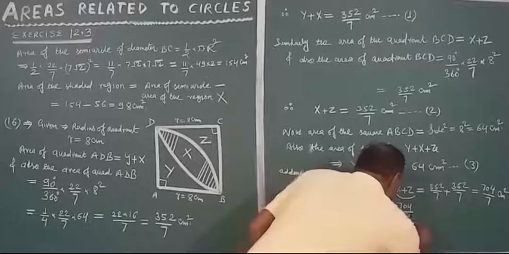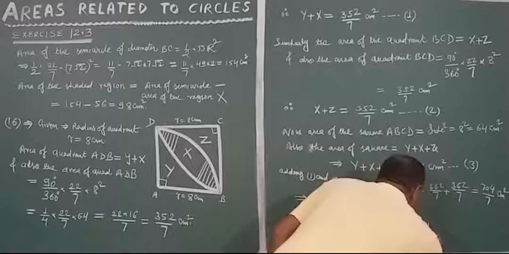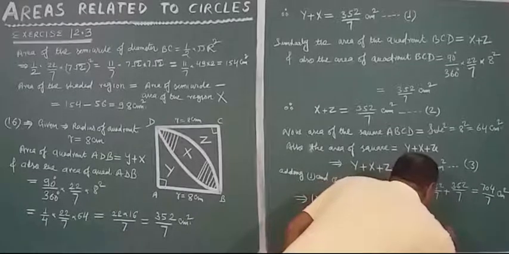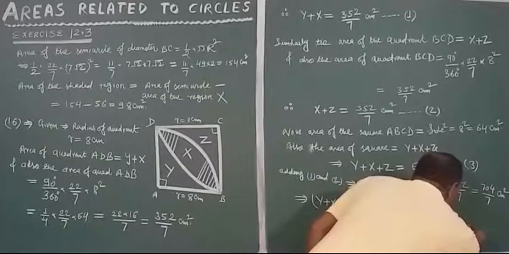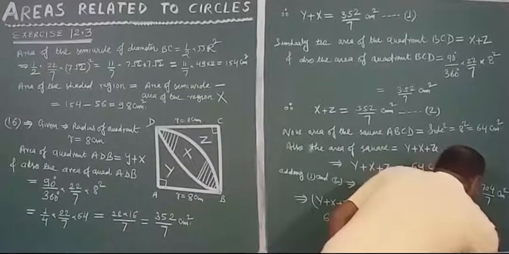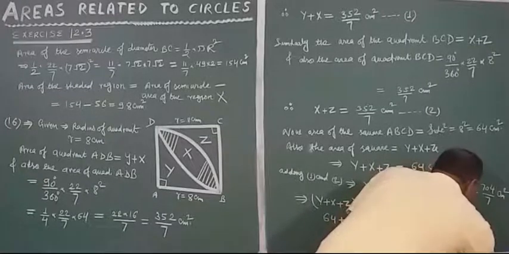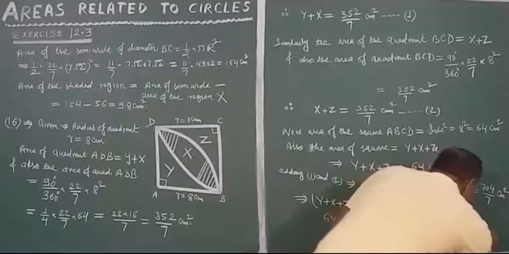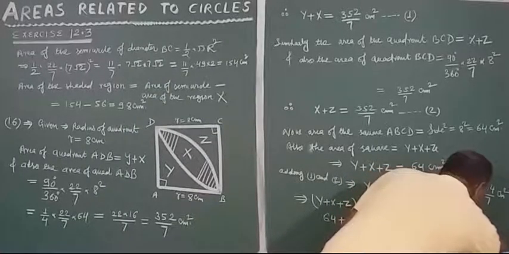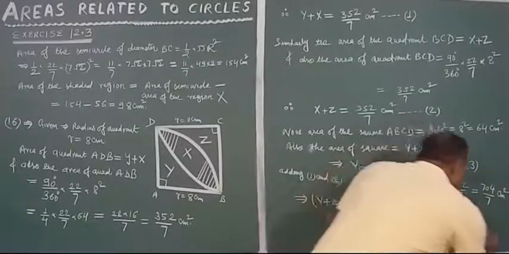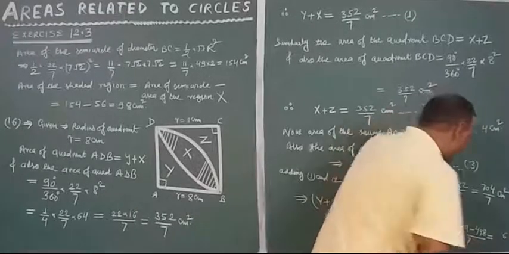From here we can find x. What is the value of x? 704 upon 7 minus 64. You will get 704 minus 7 into 64, 7 fours are 28, 7 sixes are 42, and 448 upon 7. Just subtract it. 14 minus 8 is 6. 9 minus 4 is 5.